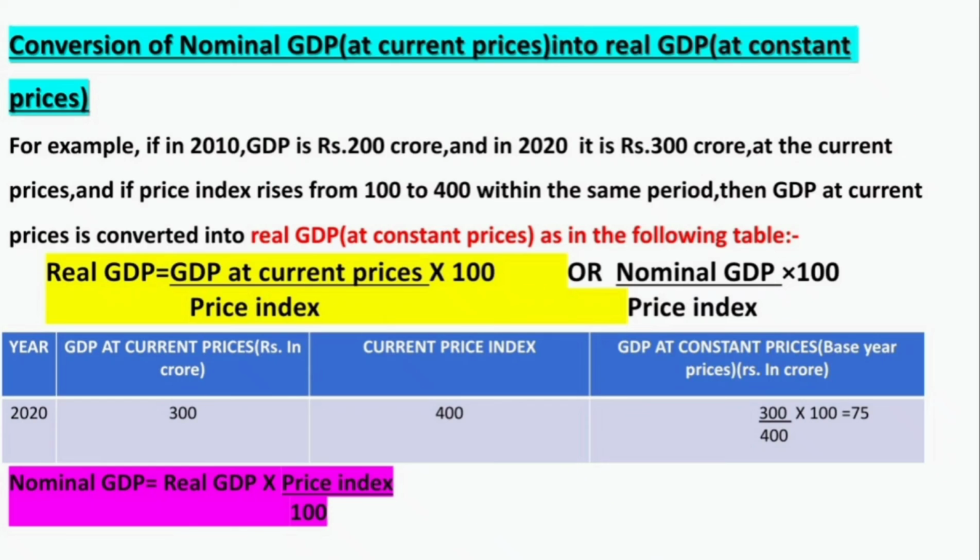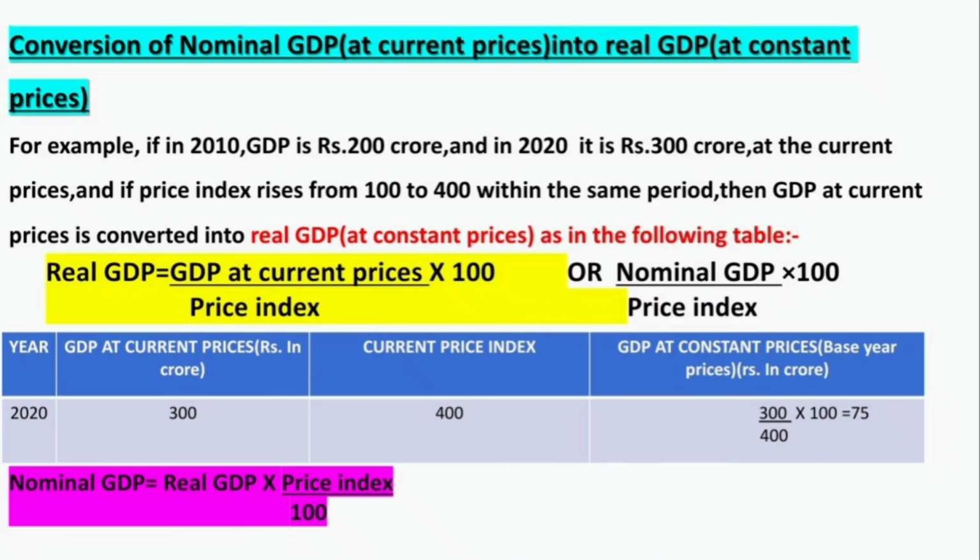Now, how can we convert the nominal GDP into real GDP? Or how can we convert the national income at current prices into national income at constant prices? An example is given here.